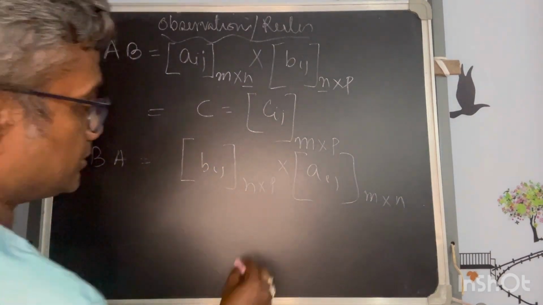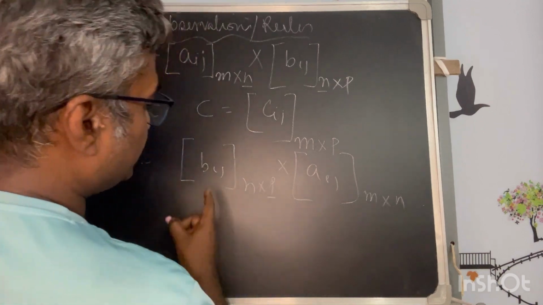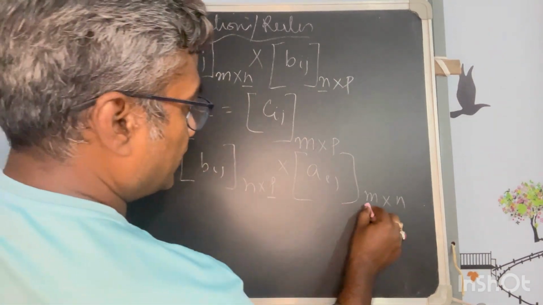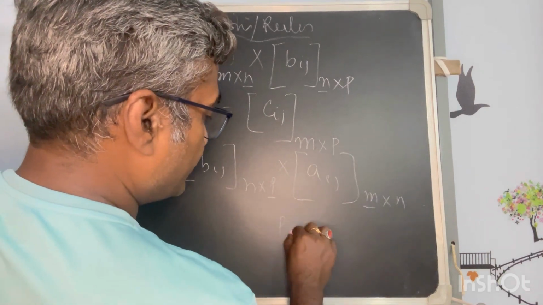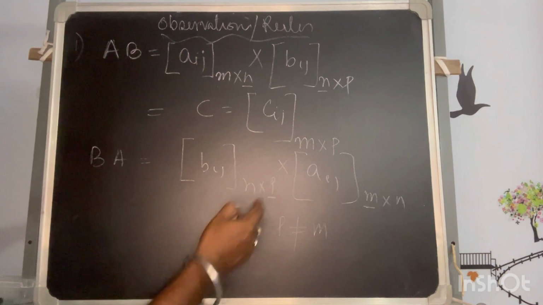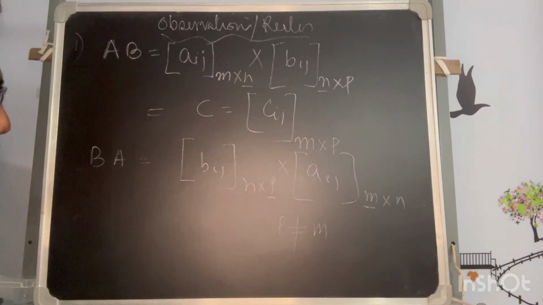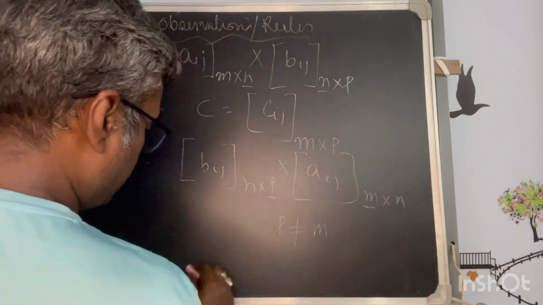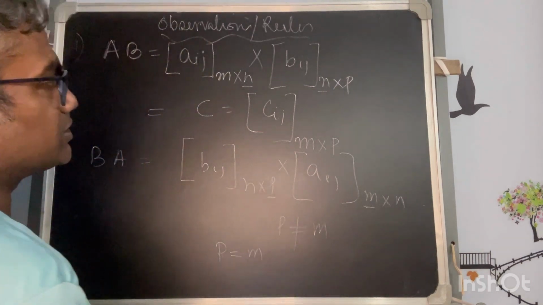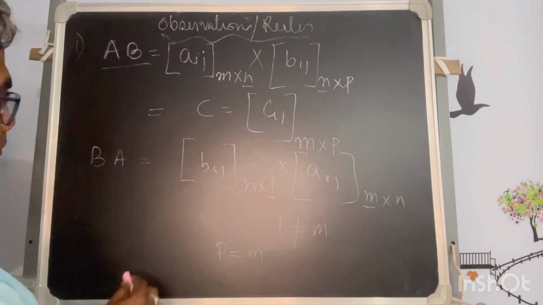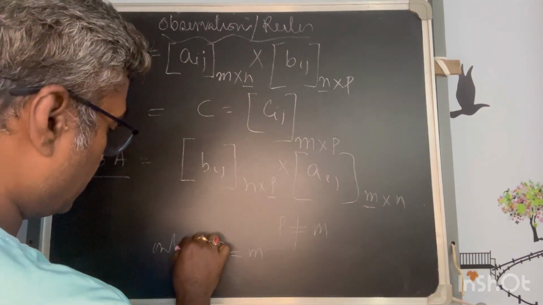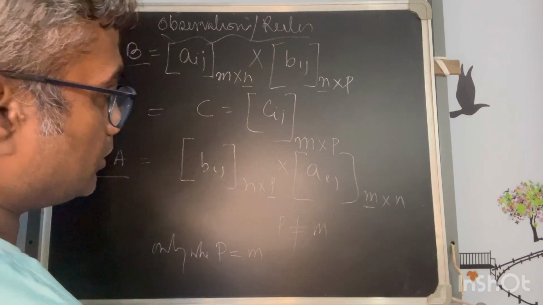So in that case, you can see the number of columns for the first, if it is positioned first, and the rows are not equal, p is not equal to n. So then I cannot do the product. The only condition for which I can do the product is p equal to m, or otherwise m equal to p. So this is equal only when m is equal to p.